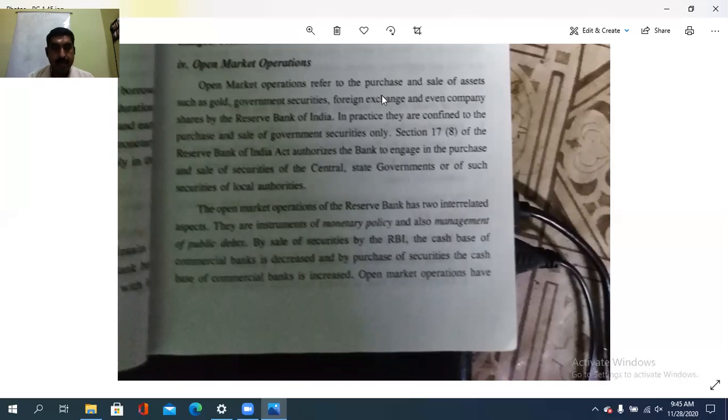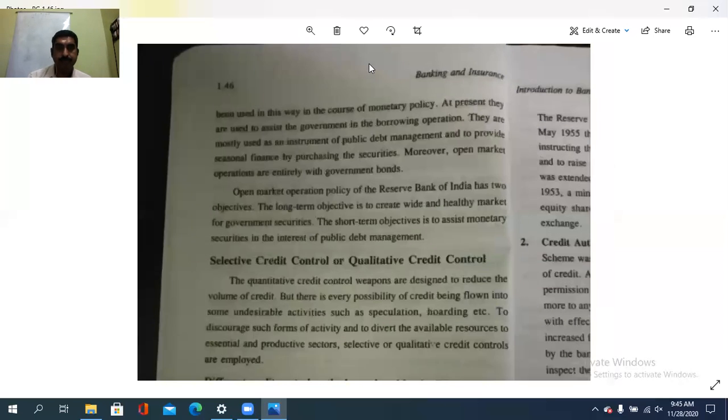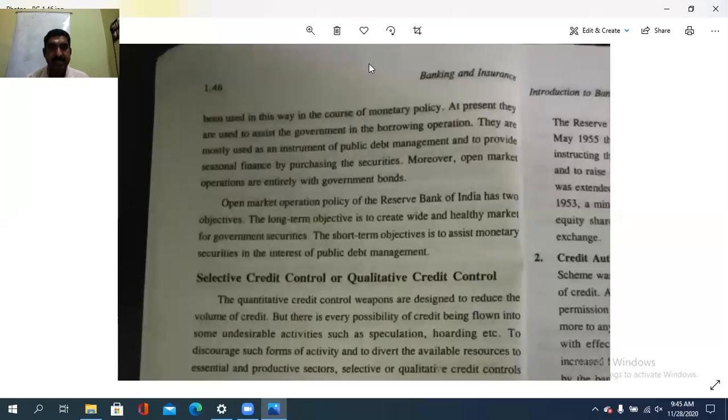So if RBI sells securities, the cash base of the commercial banks is decreased, and if it is a purchase, cash is increased. Therefore, open market operations have been used in this way in the course of monetary policy. At present, they are used to assist the government in borrowing operations.